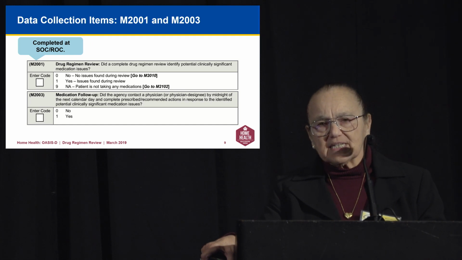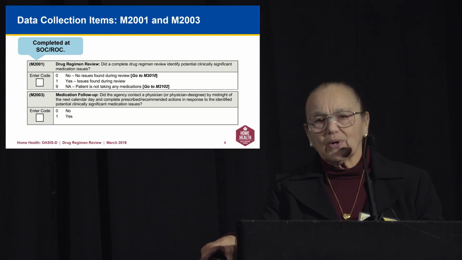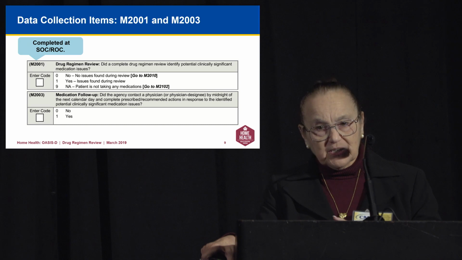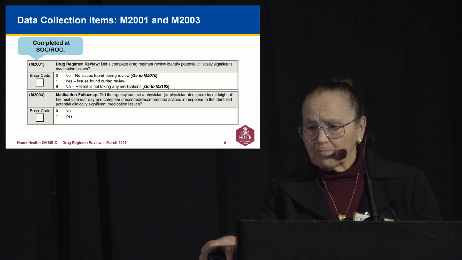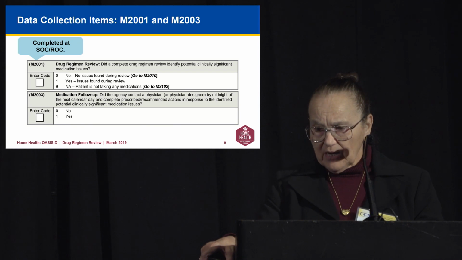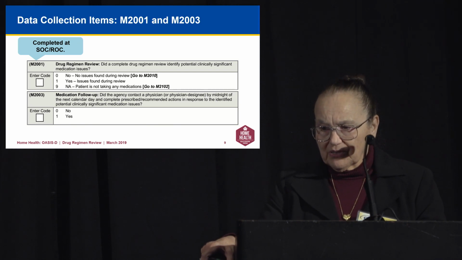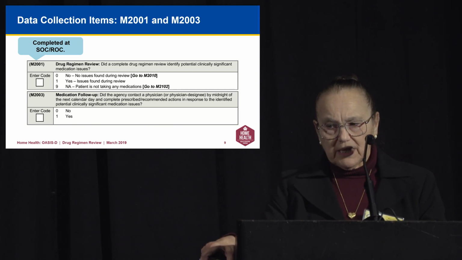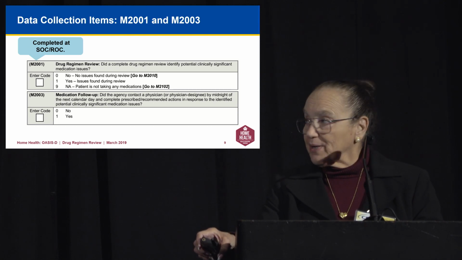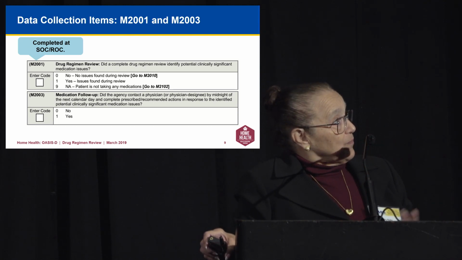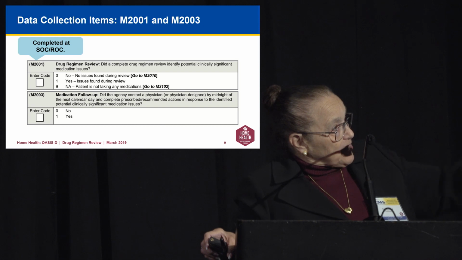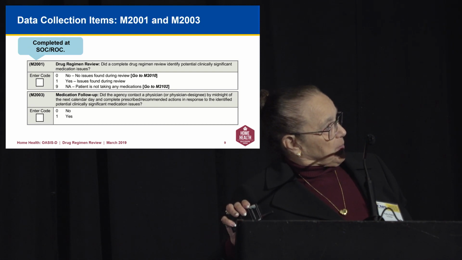When we go through this, we will clarify there were questions that came in, particularly about 2003 and 2005. This is the data collection items 2001 and 2003. You can see them on your screen. I know the print is a bit small, but it's a small query, so it blew up a little better than some of them do.